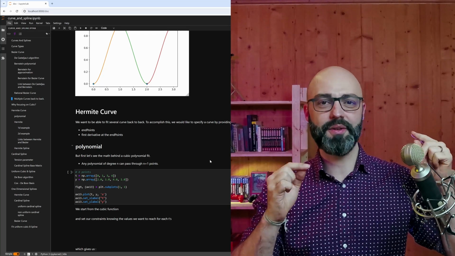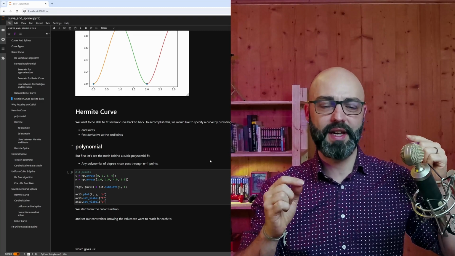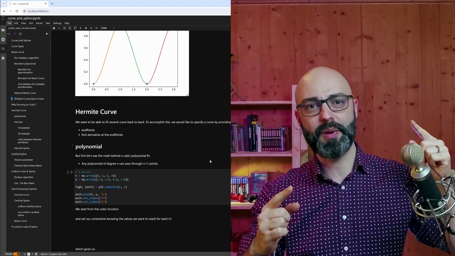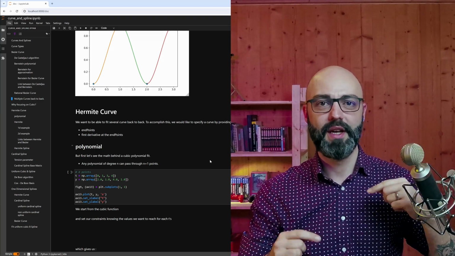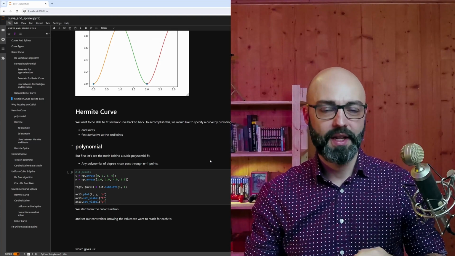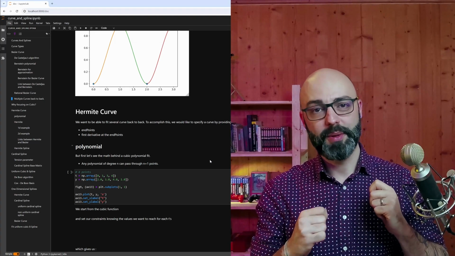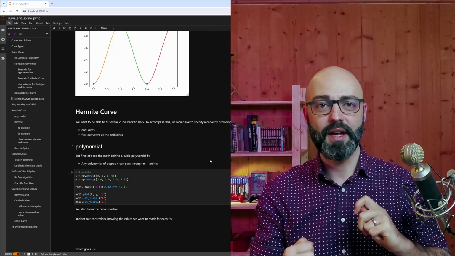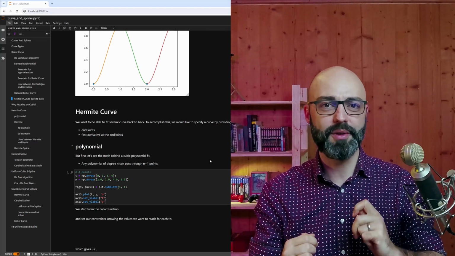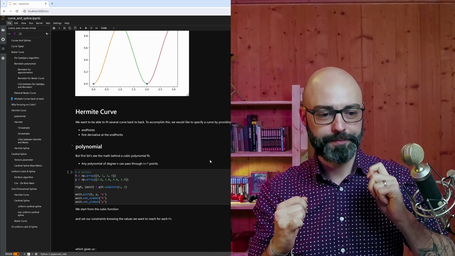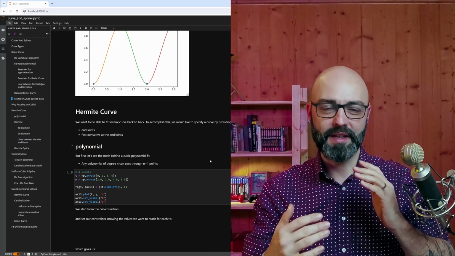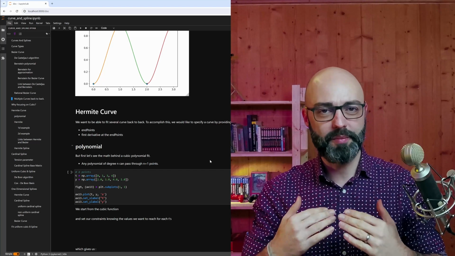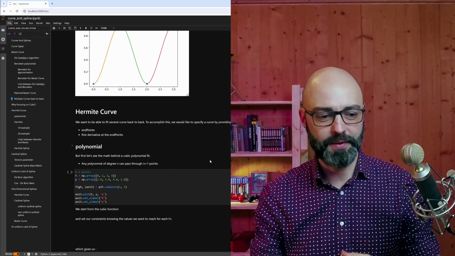So we now have the points and the first derivative of those points as the values we want to give to our function. Before being able to compute this, what we will have to do is to understand how we could do it just using polynomials, and we will start from that mathematics, and then we will build the Hermite curve after it.